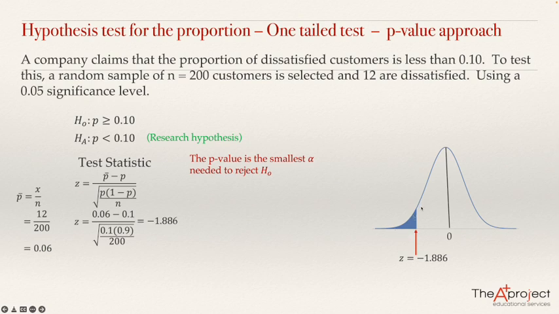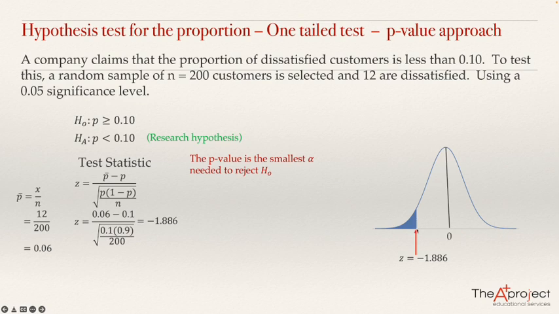And whatever area is bigger than this will make this z value be in the rejection region. So for that reason, the area to the left of this value will be the p-value. This will be the smallest area to reject the null hypothesis.